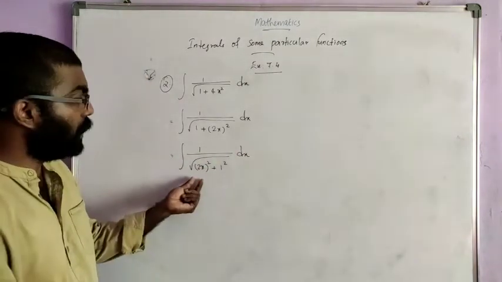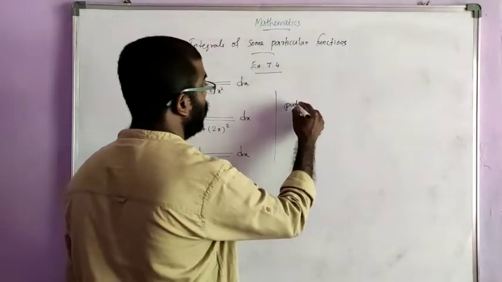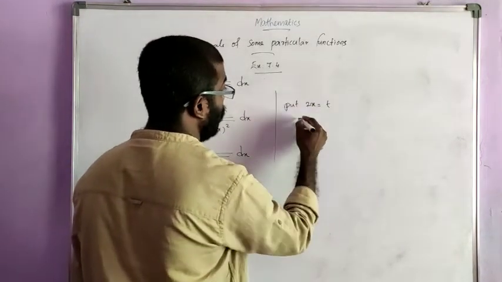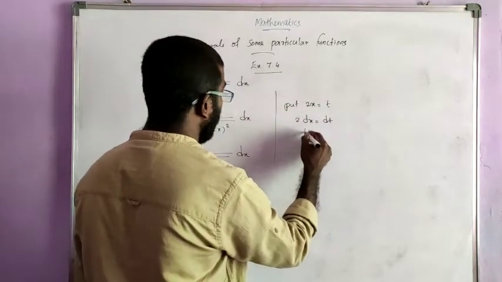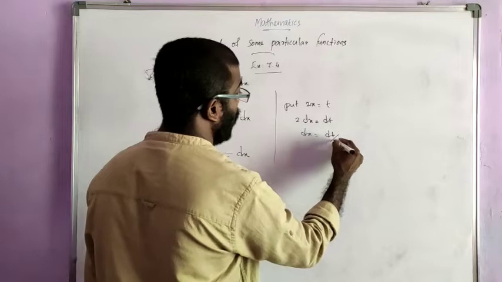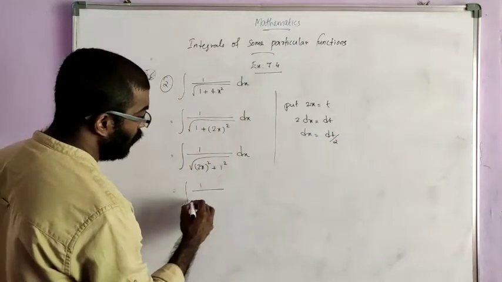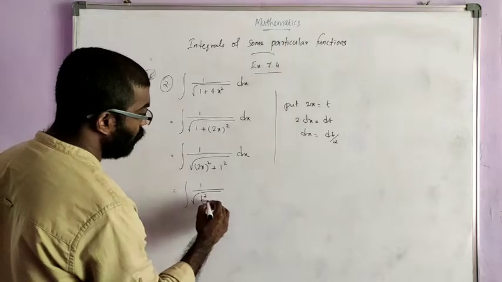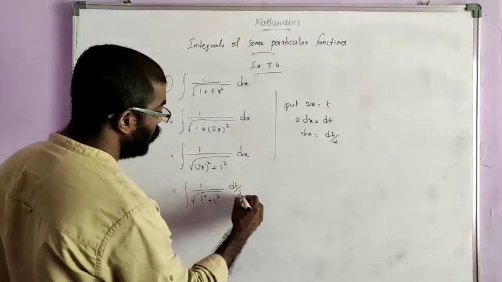Now we can replace 2x by t. So we can put 2x is equal to t. So 2 dx is equal to dt, or dx is equal to dt by 2. So integral 1 by root of t square plus 1 square, then dt by 2.